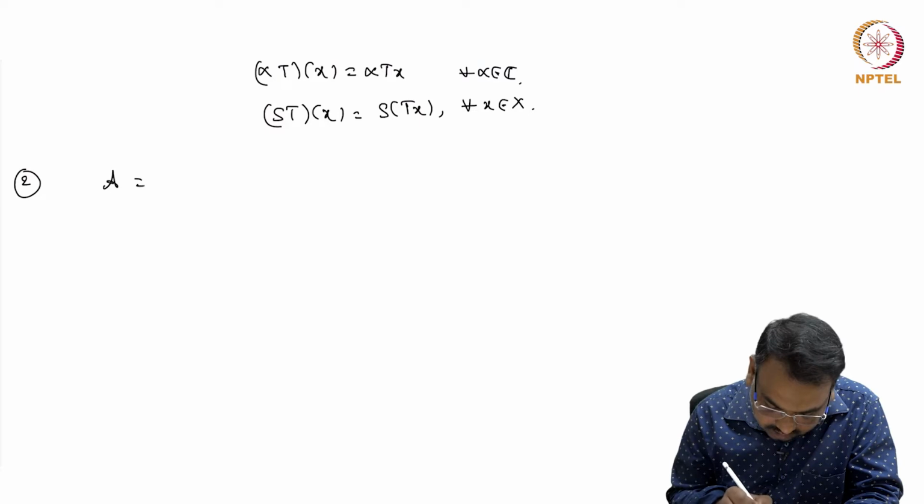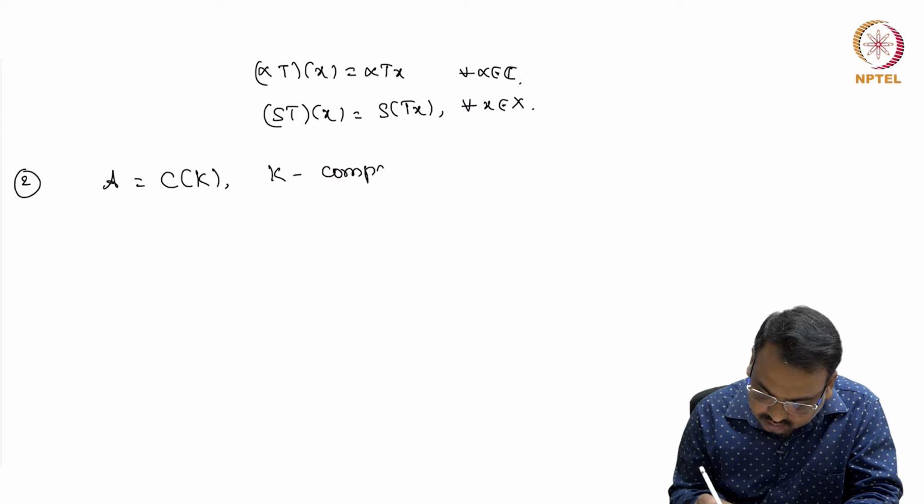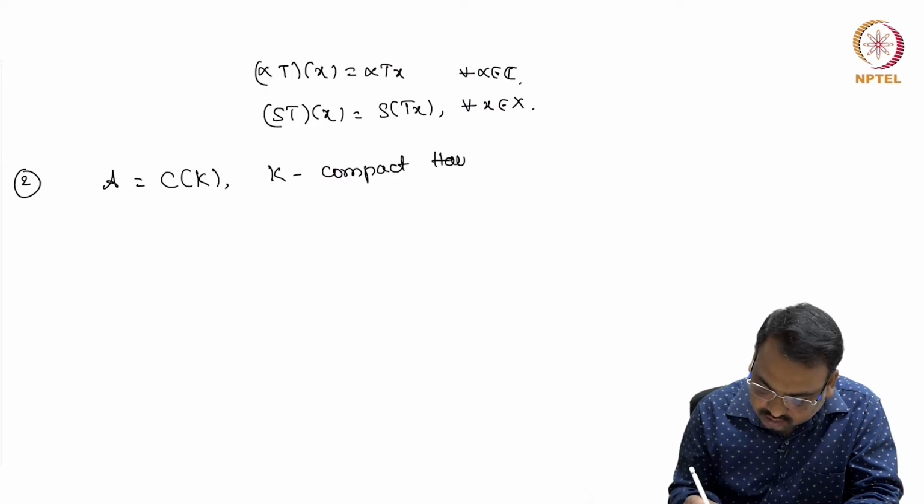We have taken A as C(K), where K is a compact Hausdorff space.